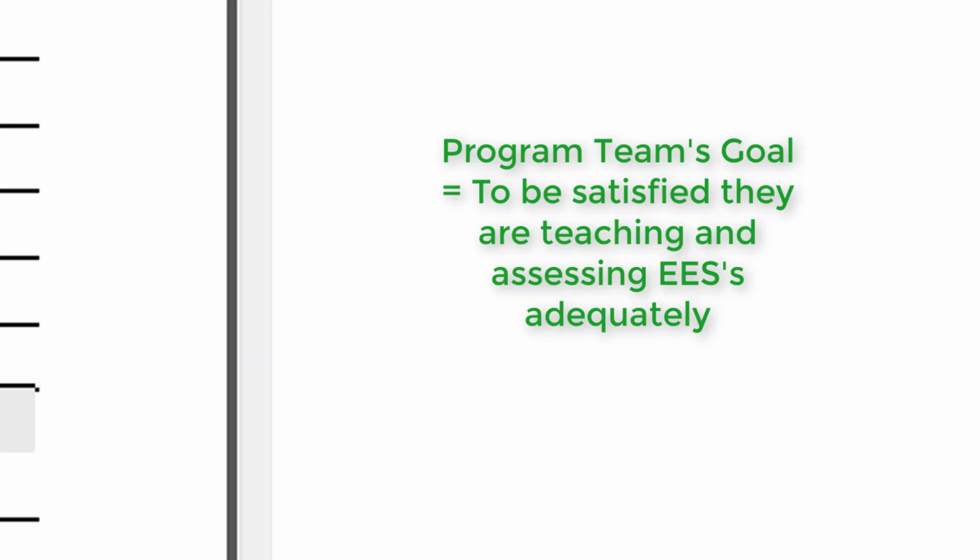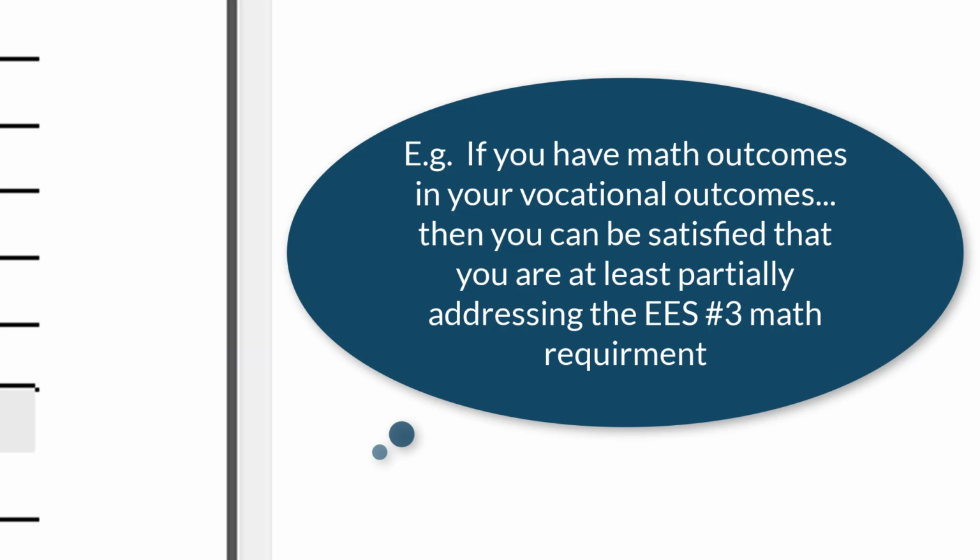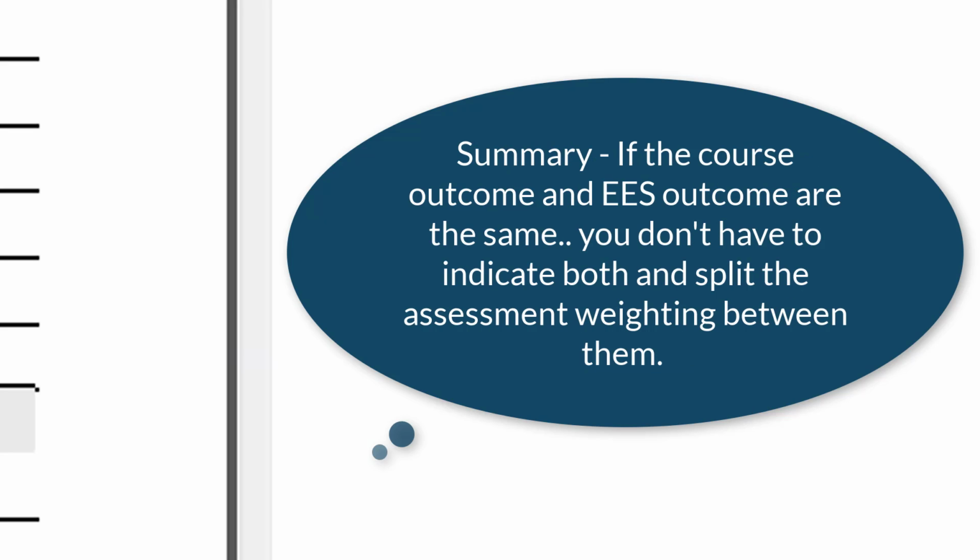So if vocational outcomes, program course level outcomes, deal with, in this case, math, then it is fine to satisfy yourself and say, if I'm not seeing number 3 represented in other courses in our program, and it's not represented in a math course, well, I'm satisfied that we are addressing it in that it shows up in that course level outcome, if you can understand that.